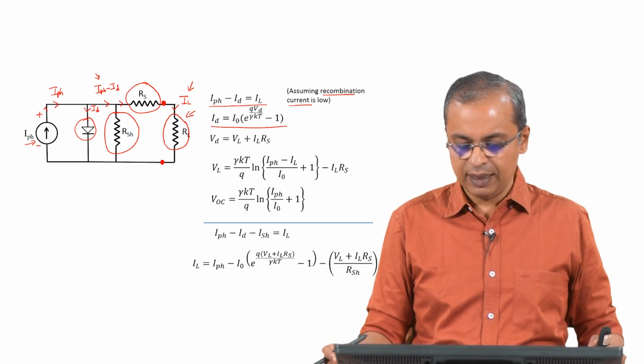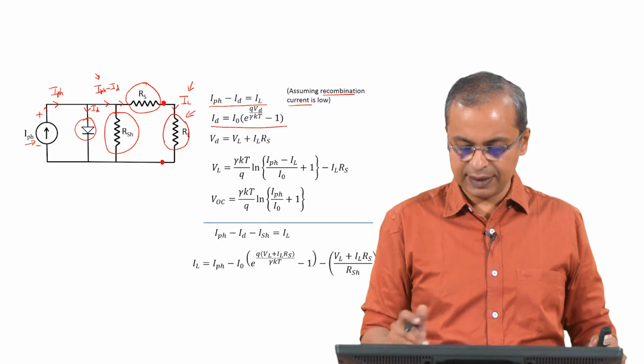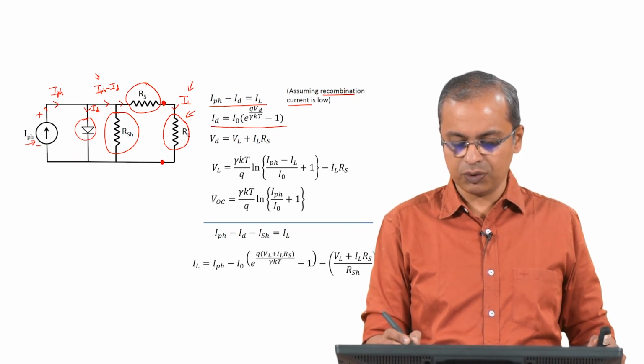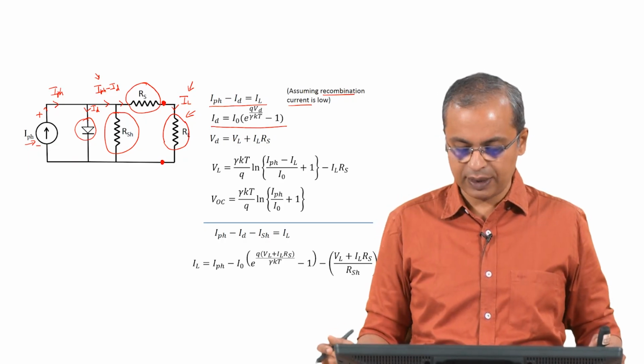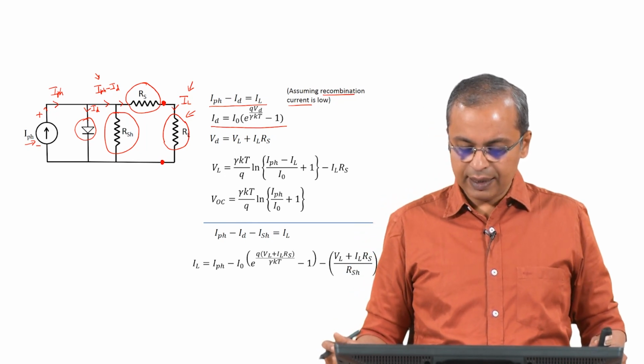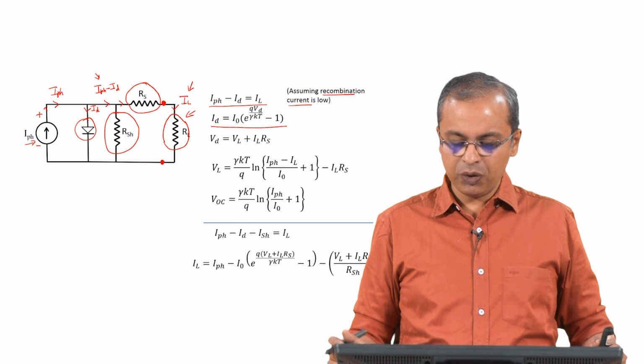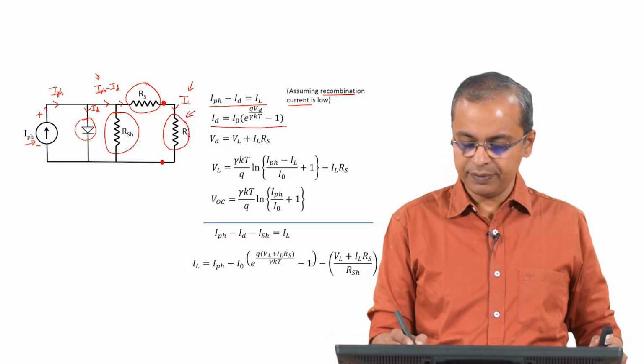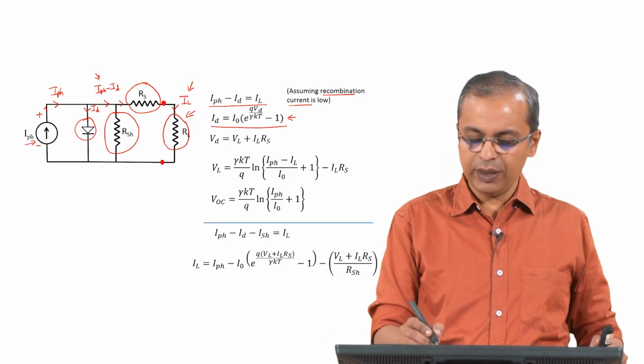We are not deriving it, and you can look it up in a book associated with semiconductors, but that is the one equation you have to look at. Now, what we can do is substitute this equation into this here.